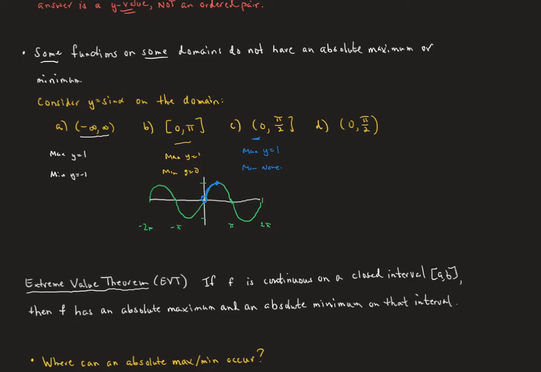There isn't a value that's just bigger than 0. So this is an example of a function on this given domain that does have an absolute maximum but does not have an absolute minimum.